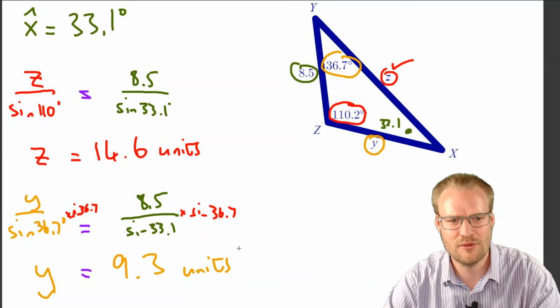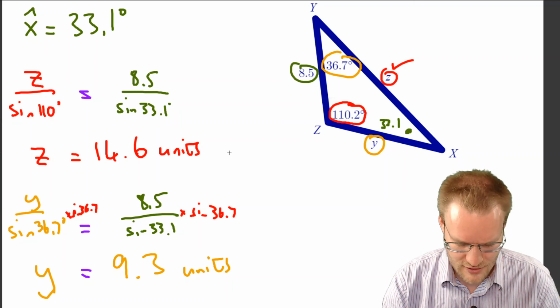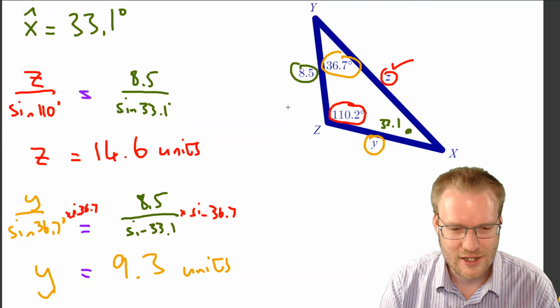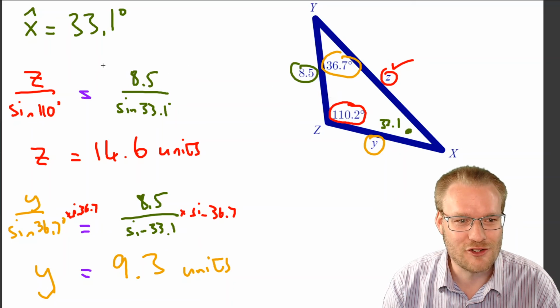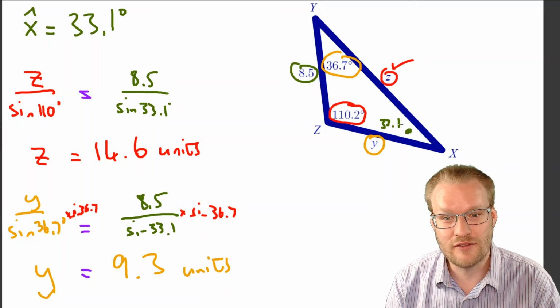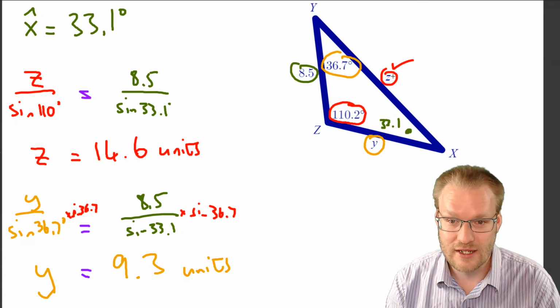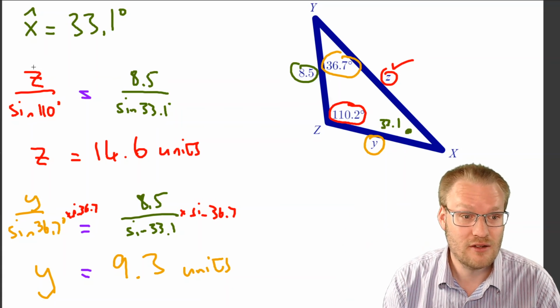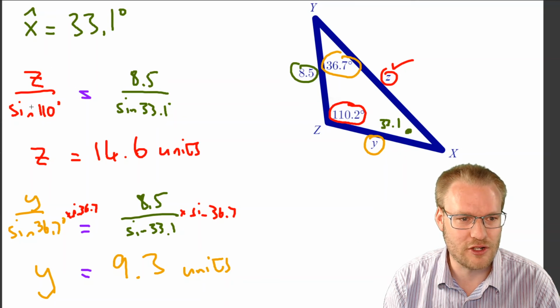That's that. Okay, so as long as you can actually punch into your calculator, you're just going to go one side over sine of that angle is that side over sine of that angle, or the other way around. Hint, have your unknown on top, because notice here we just multiplied both sides by sine 110.